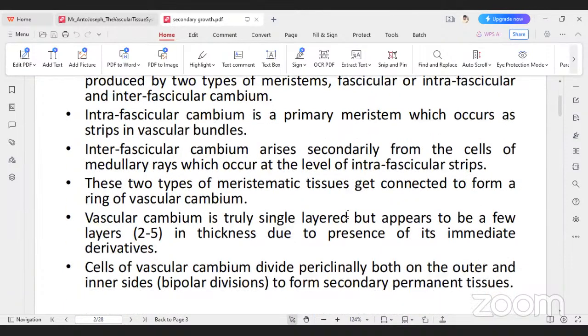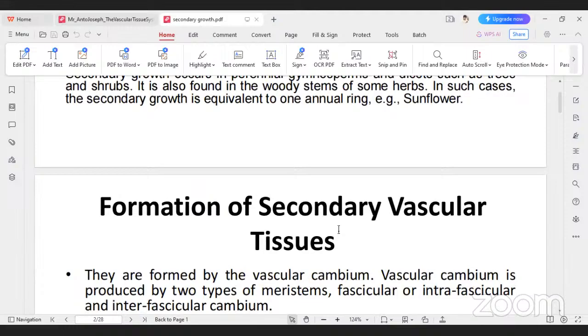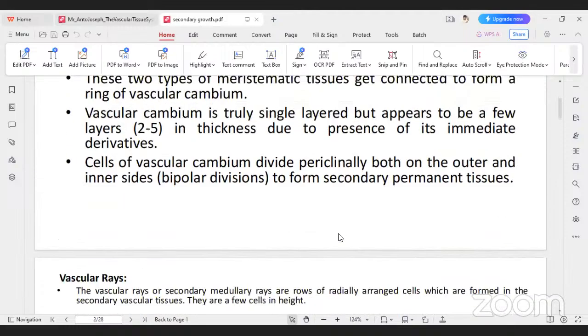Remember, first of all, secondary growth is of two types, intrastelar and extrastelar. First, let me complete intrastelar. In intrastelar, let me draw a diagram with the empty place here.